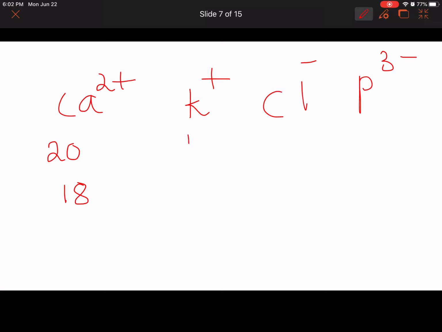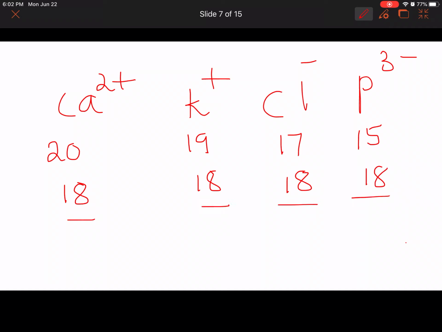Potassium is 19, lost an electron, that is 18. Chloride is 17, gained an electron to make Cl minus 18. Phosphorus by itself is 15, and then 3 minus is 18. So these ions are all isoelectronic.